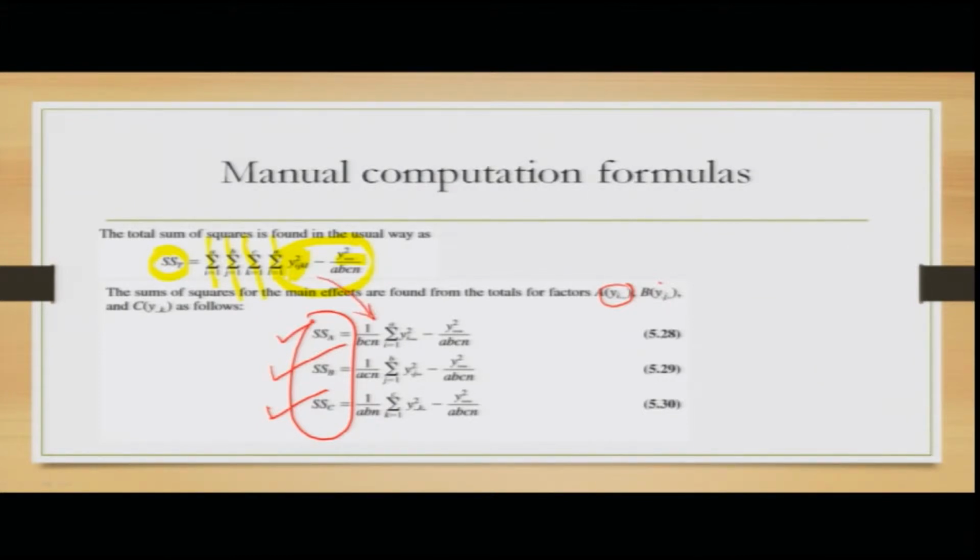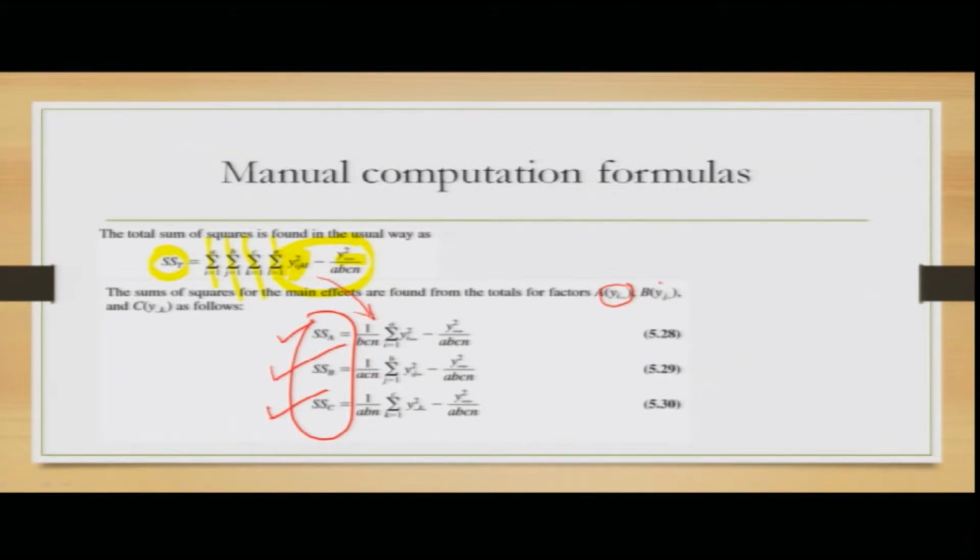So, for A, it means that you are keeping A at the ith level and summing up for the second factor, third factor and n observations. This is what it is, dot dot dot in the second, third, fourth places, and for the sum of squares it will be divided by b into c into n.